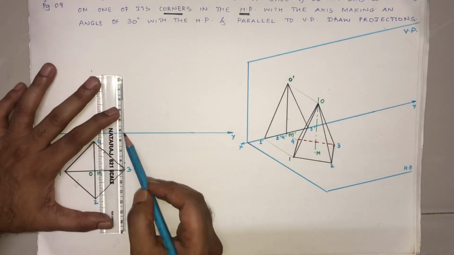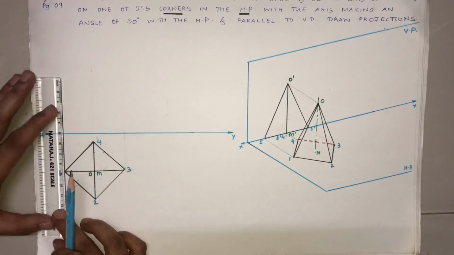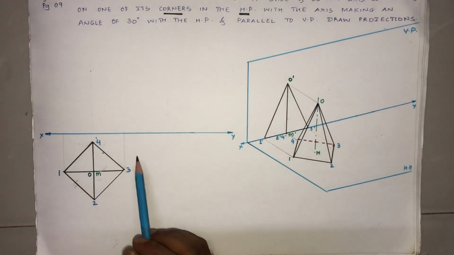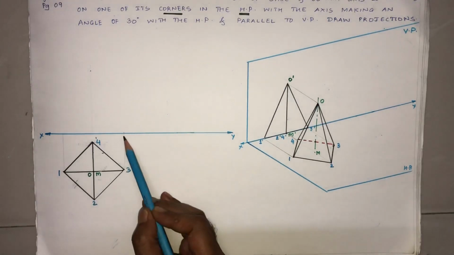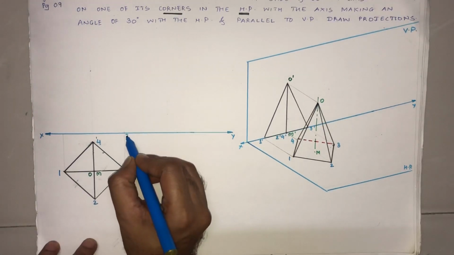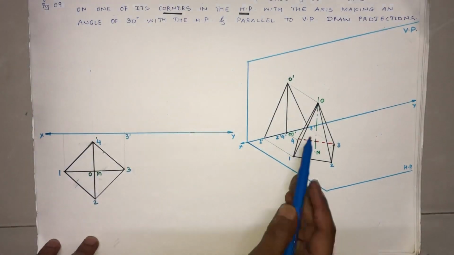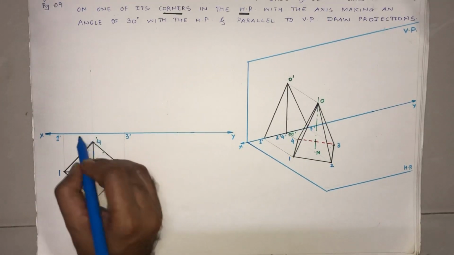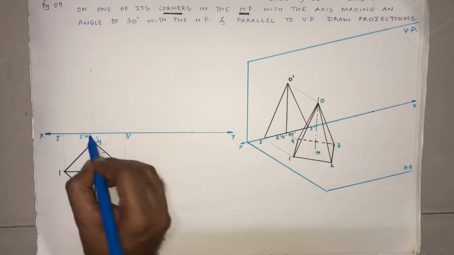Similarly, I'll project all these points onto the XY line. Remember, this 3 is going to be projected on the XY and is going to be called as 3 dash, because I'm going to draw the front view. The reason is here, it is on the XY. 1 dash is here. This is 2 dash, 4 dash.